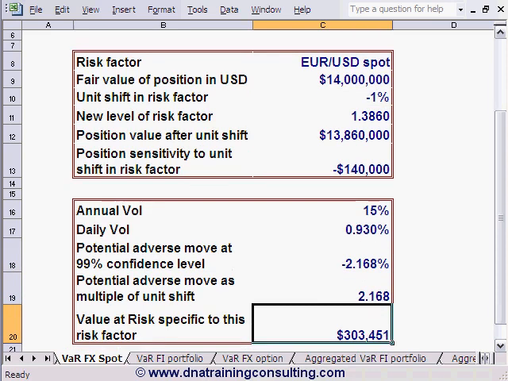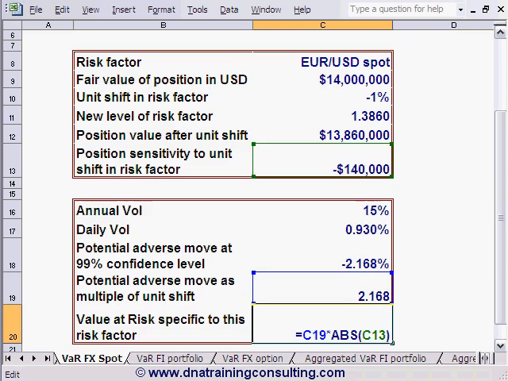Finally, in cell C20, VAR is calculated simply as the worst adverse potential movement at the stated confidence interval, expressed in multiples of the unit shift, multiplied by the absolute value of the position sensitivity to a unit shift in the risk factor. Note that we use the absolute value since VAR is a loss figure by definition, so no minus sign is needed here.